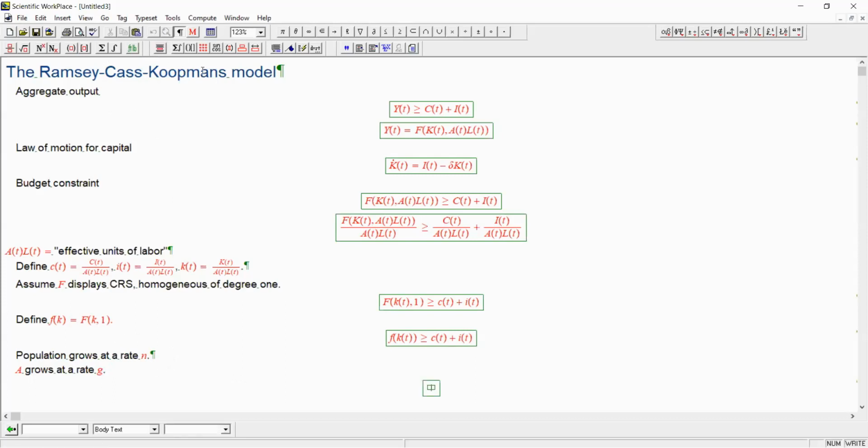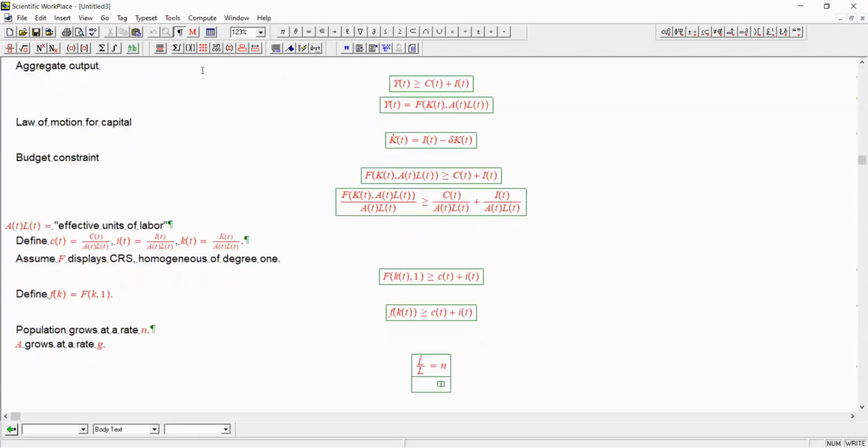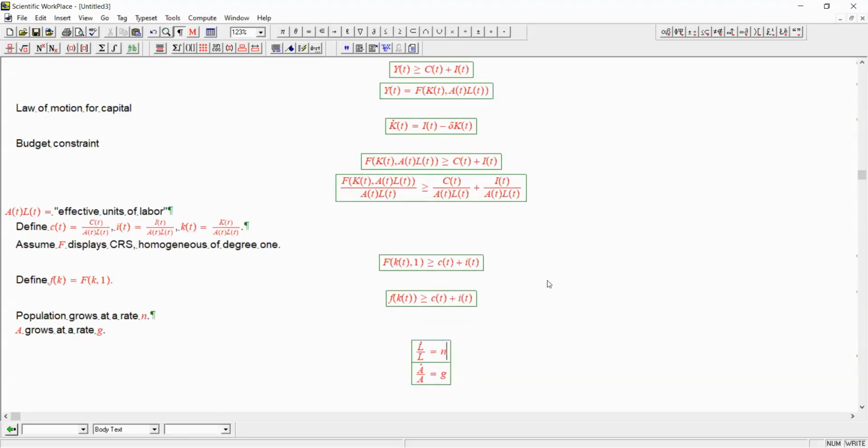It means that L dot over L, that's a growth rate, equals some constant n, and it means that A dot over A equals some constant g. This is the same thing as saying that L is some L0 times e to the nt. And similarly, A is some A0 times e to the gt.